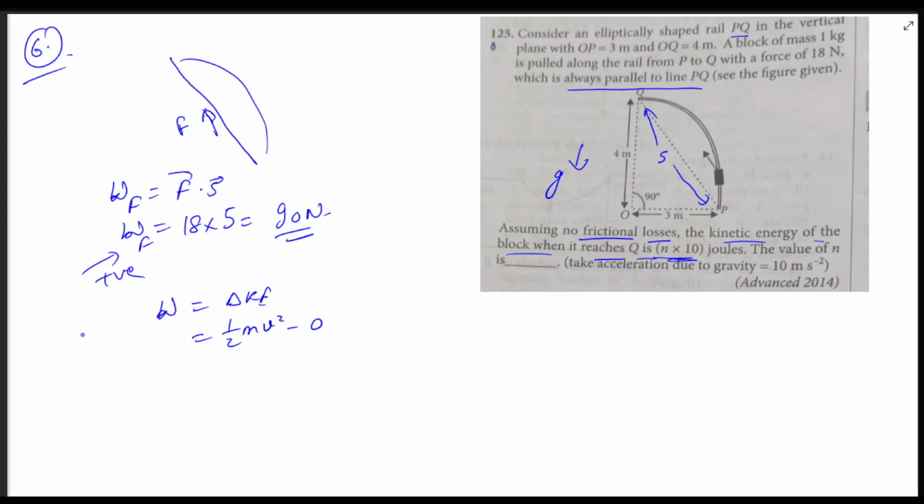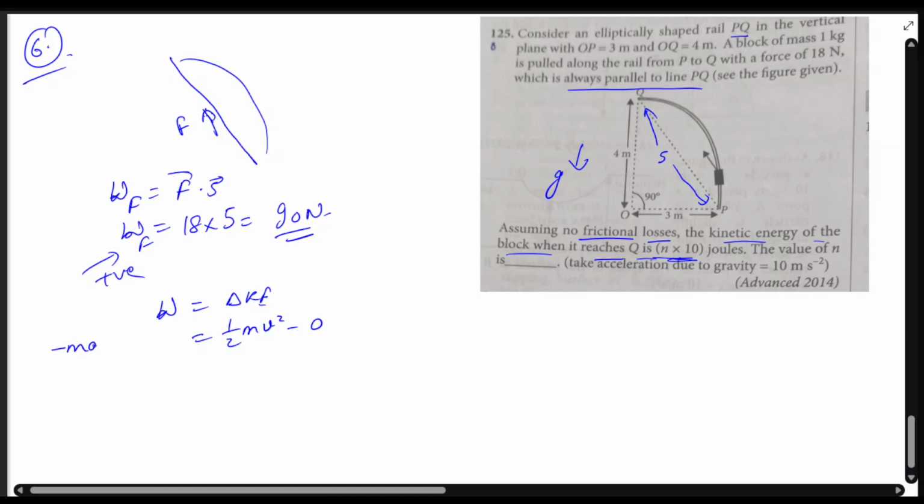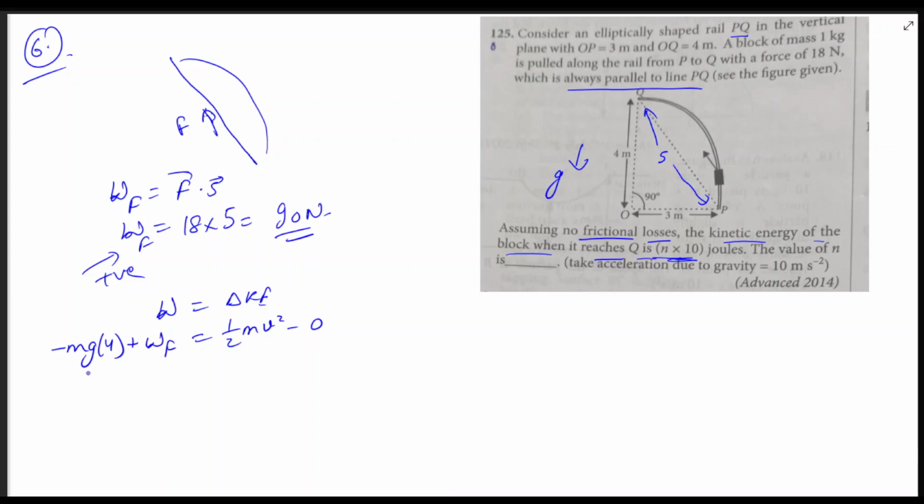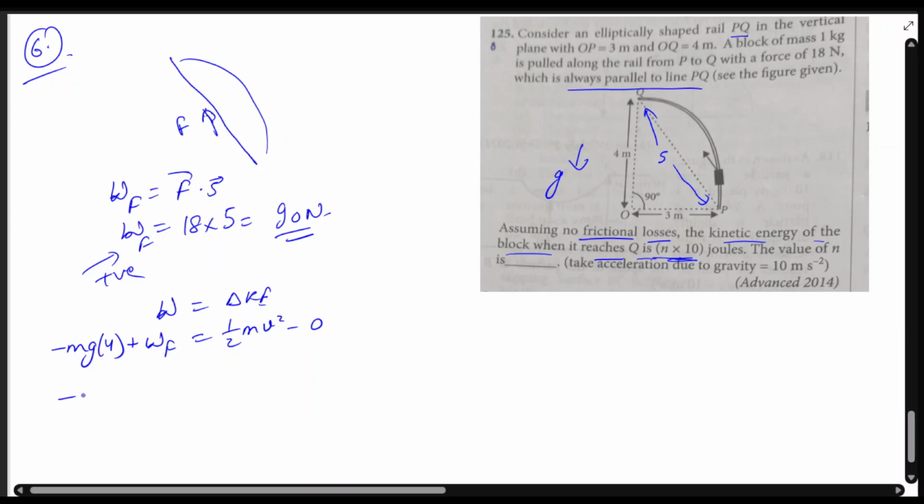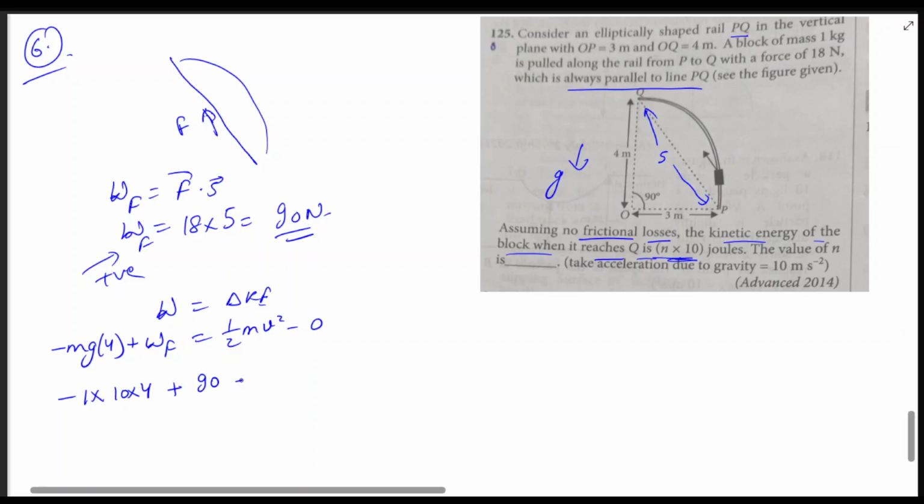Work done by gravity will be mg into 4, because 4 is the height, plus work done by this force. So we will have minus, mass is 1, g is 10, and it is 4, plus work done by force is 90, is equal to half mass 1 into v square. So we have to find the kinetic energy, right?